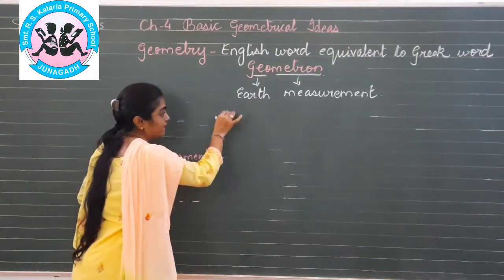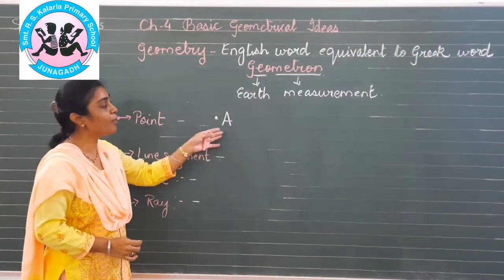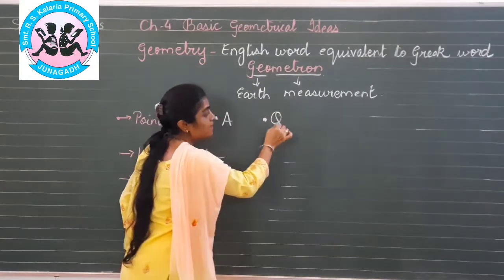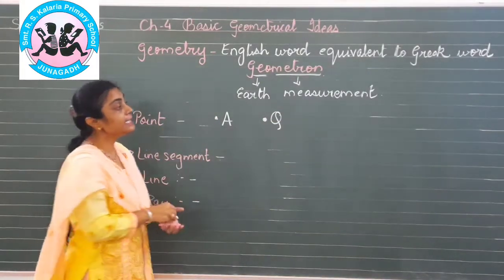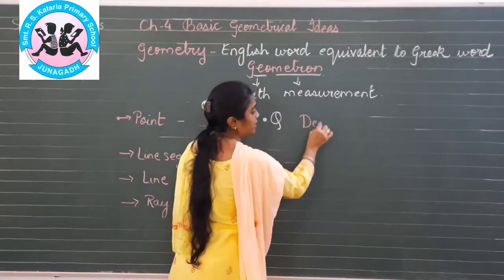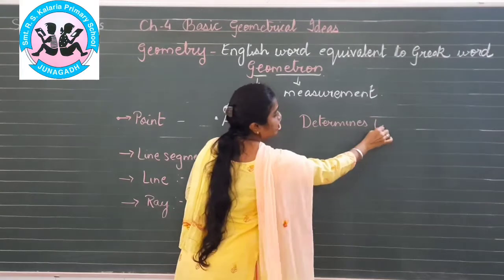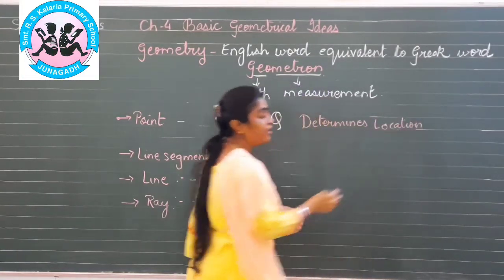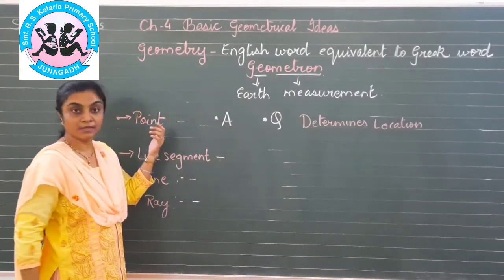Suppose I am writing it in symbolic form, that is point A. Suppose this is a dot, I am writing it as point Q. Now what does a point determine? It determines the location. It shows the location from where you have to start. Now, this was about the point.